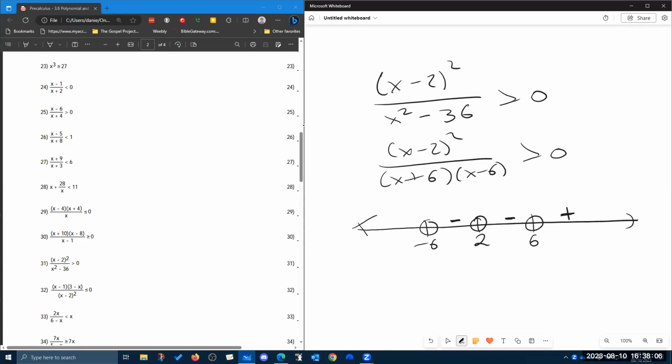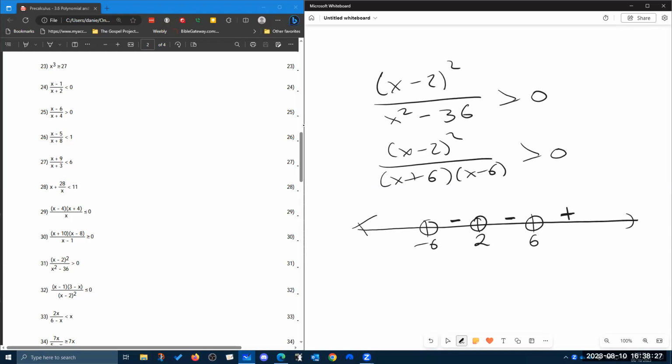You can check that out. Stick in a 1, for instance, a negative 1 squared. That's going to be a positive number up here. And then you're going to have a positive times a negative, which is a negative in the denominator. If I had put in a number like 3 in the top, 1 squared would be 1, and it would be positive over negative. That's still negative.